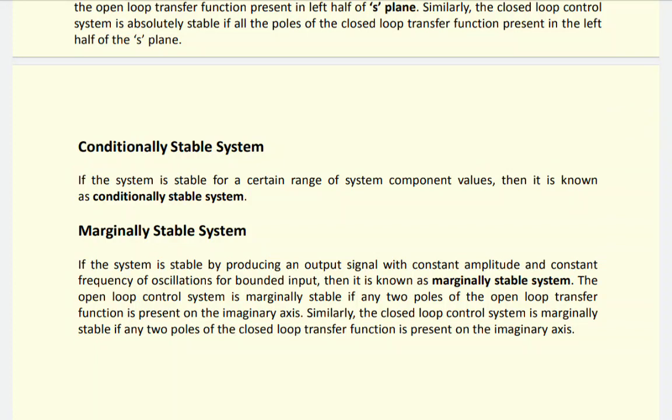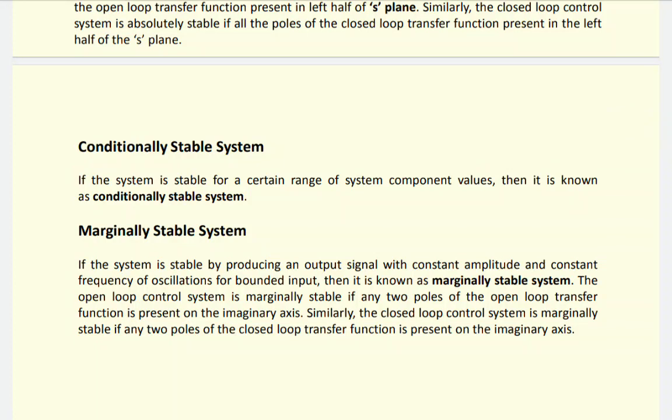That means if any poles are lying on the plus minus j omega axis, and there is no pole lying on the right half of the S plane, but poles can lie on the left half of the S plane, then we can say the system is marginally stable and the nature of the response is sinusoidal, that means oscillatory. That should be in your mind.